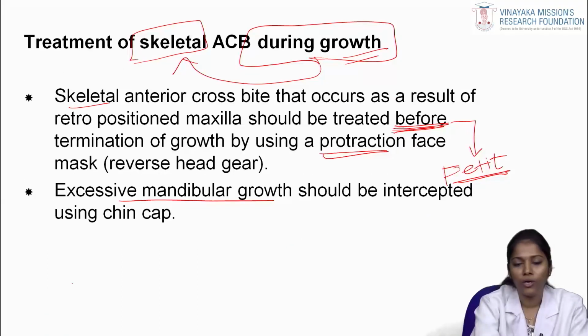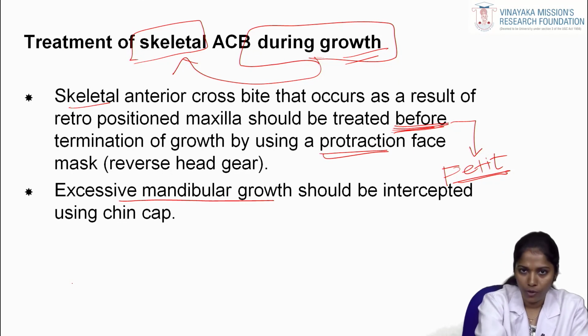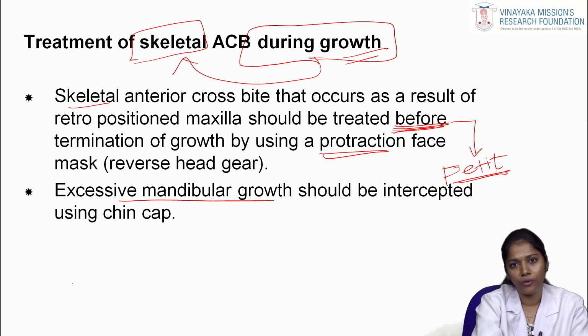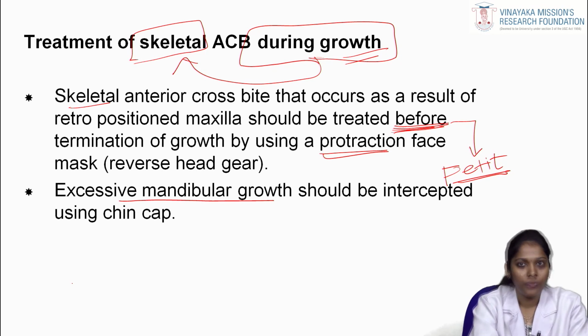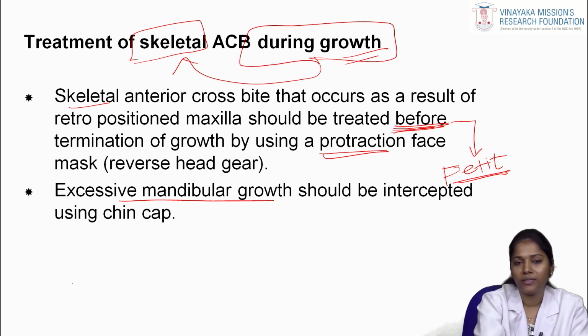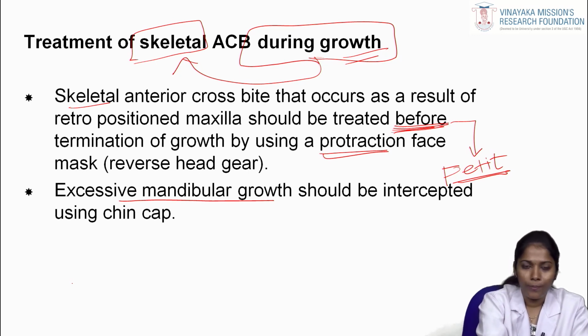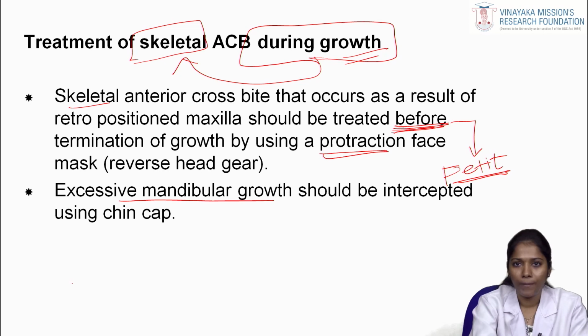Then next comes the growth period. During growth, if we have a skeletal problem, then we need to think about growth modulation. Before starting growth modulation, we should again classify the problem: maxillary deficiency, mandibular excess, or a combination of both. For maxillary deficiency, we need to use a protraction face mask, also known as reverse pull headgear.